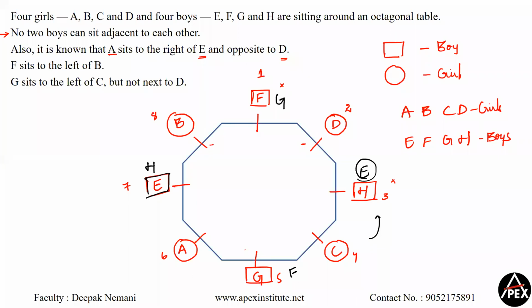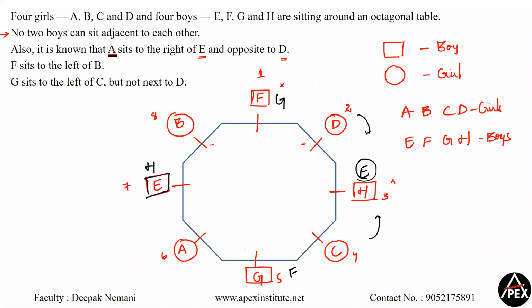So whenever you come across these type of statements, A sits to the right of E, then consider A sitting to the immediate right of E. Because in circular arrangement, any person can be to the right of you and to the left of you. If F is to the immediate right of D, and if you consider in this direction, then F is also to the left of D, isn't it? So in circular arrangement questions, right means immediate right and left means immediate left.